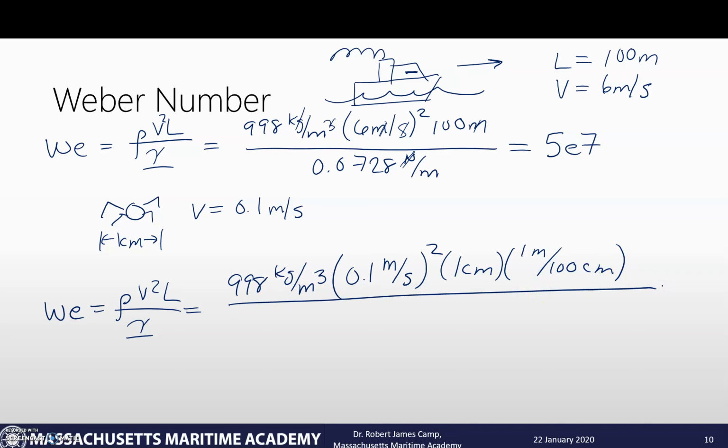It's important to remember to do stuff like that because the number is unitless, and if the units don't all cancel out, we're going to have a problem. 0.728 newtons per meter. And if I go and calculate that out, you're going to get an answer of 1. And so that tells me that I have to worry about the surface tension at this point.